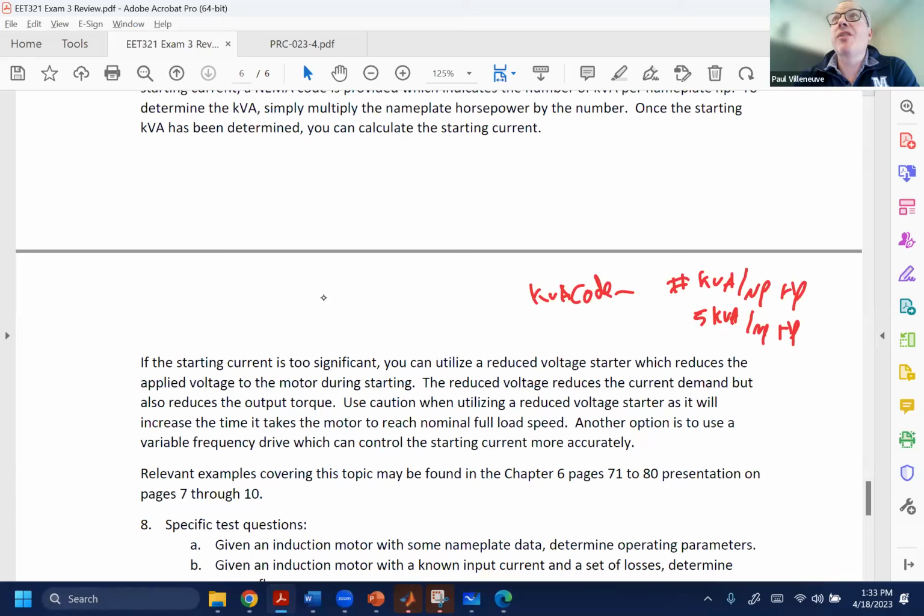This is just an inrush code, so that tells you the starting KVA. If I have 100 horsepower, I need 5 KVA times 100 horsepower, or 500 KVA to start. So I calculate my actual starting current based on that factor of 5.